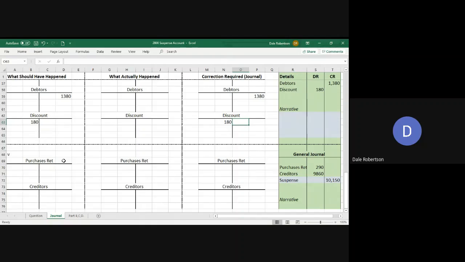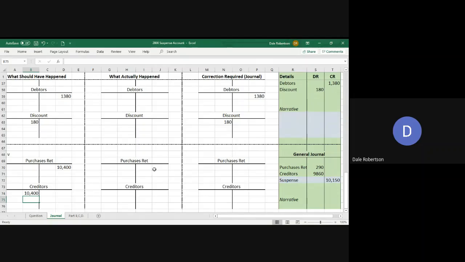So I'm just going to do that bit first. We're going to pause there for a moment, and I'm going to say purchase returns and creditors are the two accounts. Now, purchase returns are the opposite of purchases, they go on the credit side. It should have been 10,400 here, and then of course it would reduce our creditors by 10,400 because we're not paying for that item we've returned.